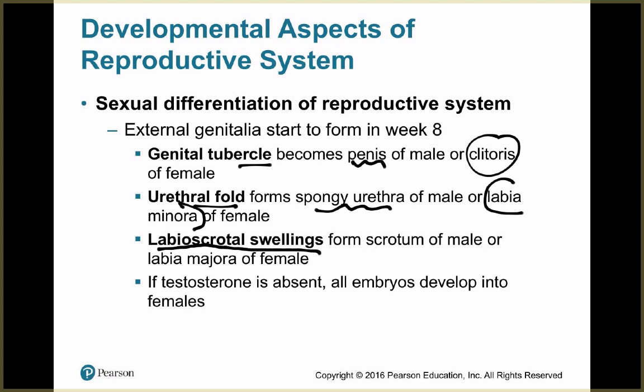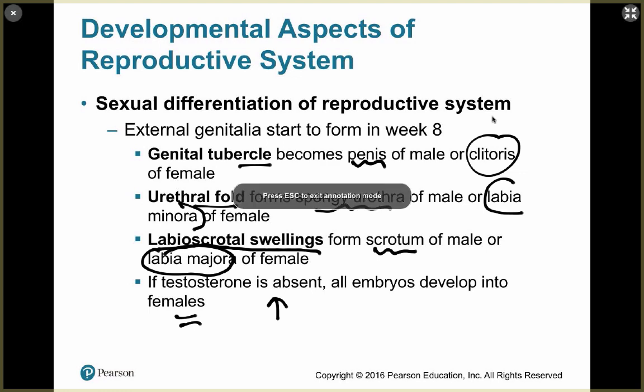And the labioscrotal swelling will become the scrotum in the male or the labia majora of the female. This one is like the counterpart to this one, which kind of explains it. If testosterone is absent, all embryos develop into females, because that gene helps to increase the level of testosterone.